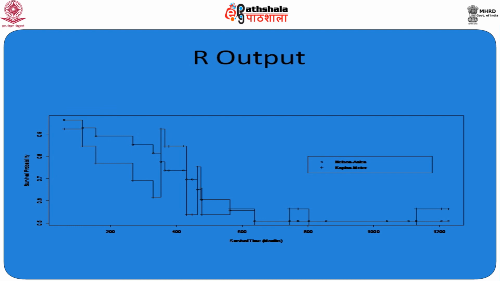So these cross curves come with the Kaplan-Meier estimation, and these circle curves are given with the Nelson Aalen estimator, and again the survival time in months that we assigned as xlab is given on the x-axis, and survival probability is given on the y-axis.